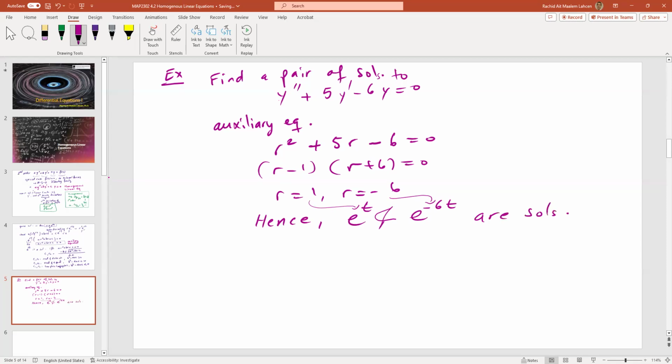So you can try this. You can now take one of them, differentiate twice, substitute, see if you get 0, try the second one, and that will work.